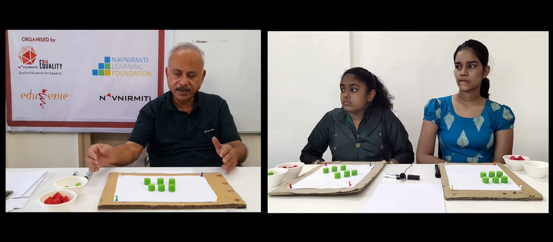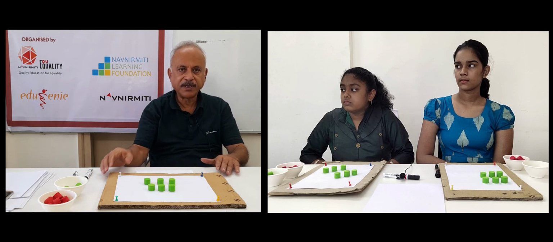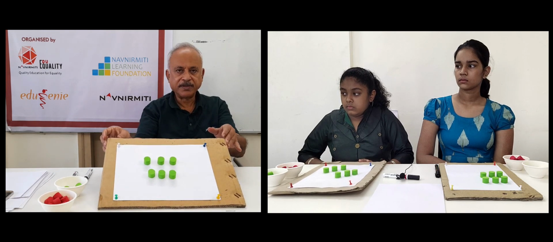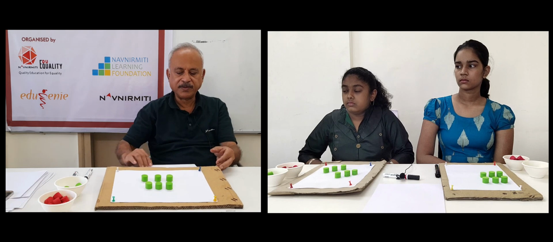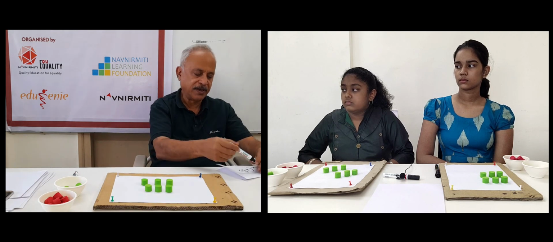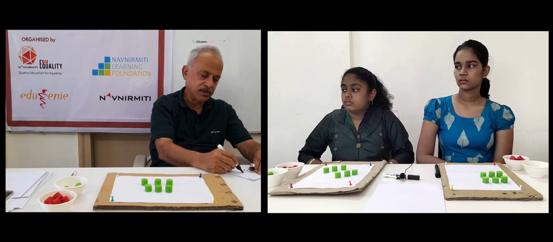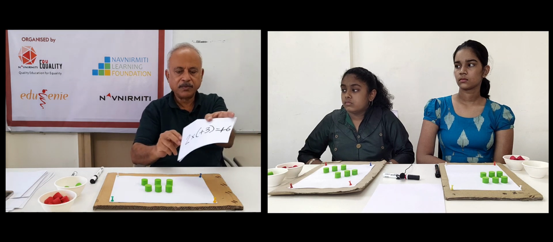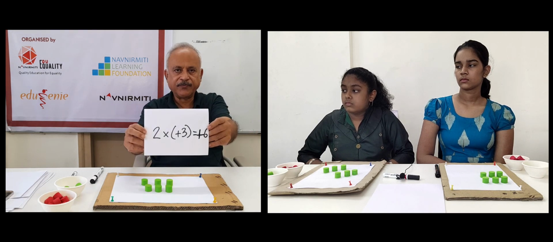I start out with nothing, I put 3 2 times, and what do I end up with? Positive 6. So the answer is 2 times positive 3 is equal to positive 6.